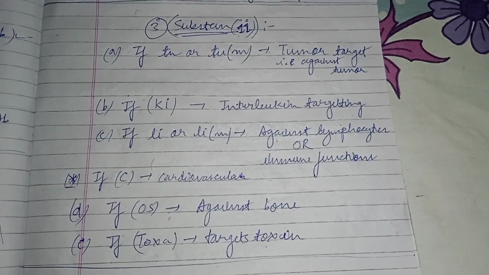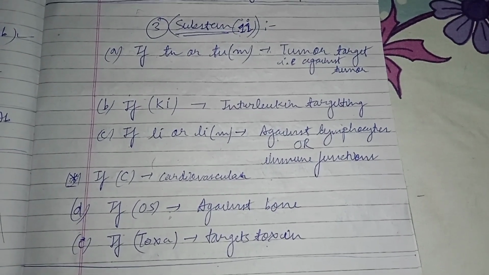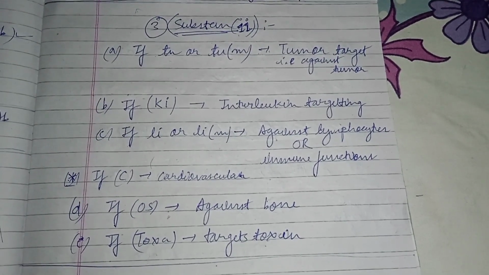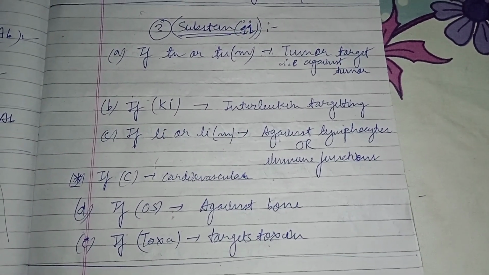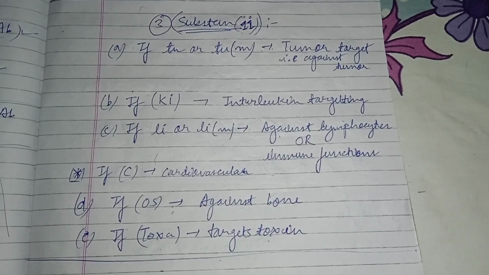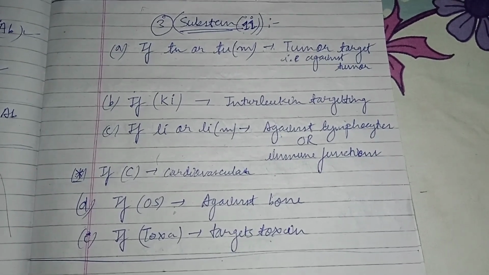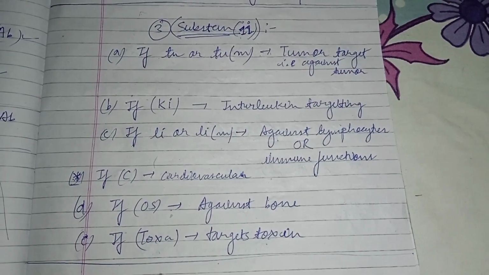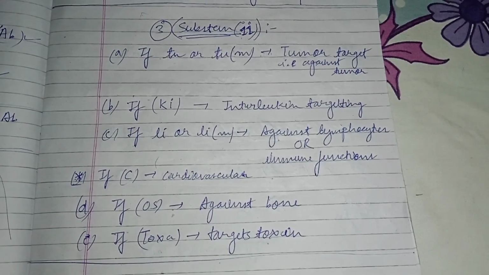If TU or TUM is present in the name itself, then it tells us that it is tumor targeting, that is against the tumor. If the name has KI in between, then it tells us that it is an interleukin targeting monoclonal antibody.